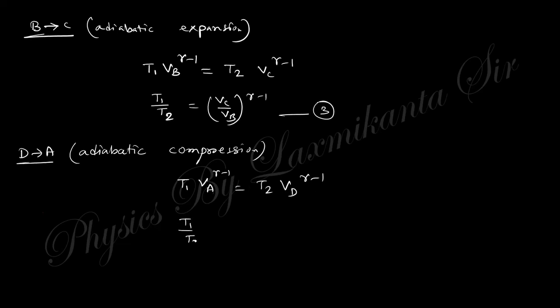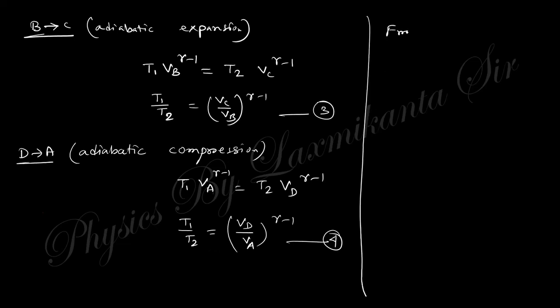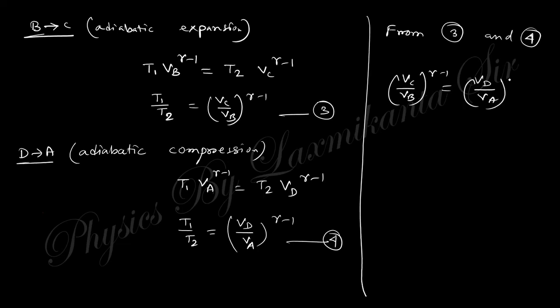So here also T1 by T2 equals Vd by Va to the gamma minus 1. If you compare 3 and 4, you can easily say that Vc by Vb to the gamma minus 1 equals Vd by Va to the gamma minus 1. That is, Vc by Vb equals Vd by Va.